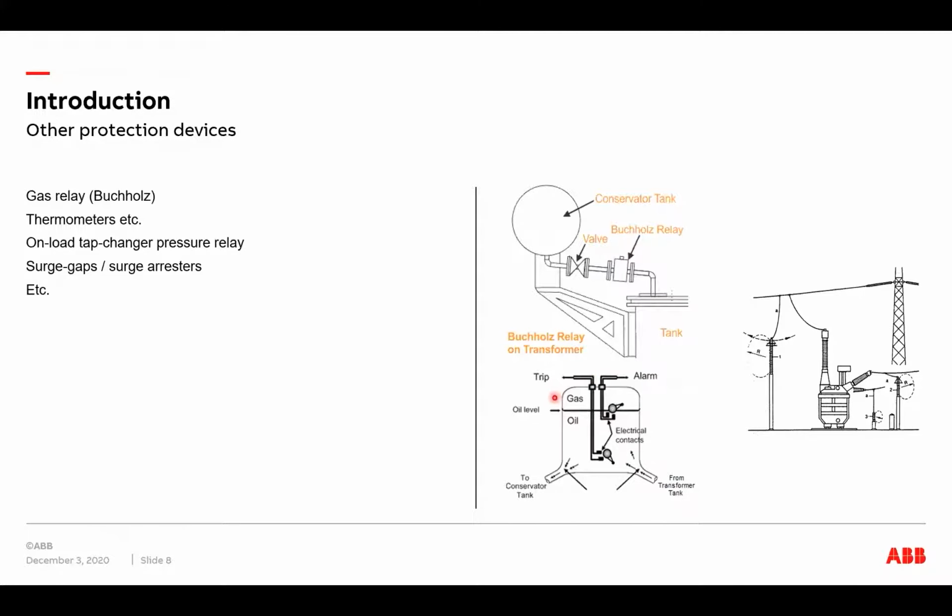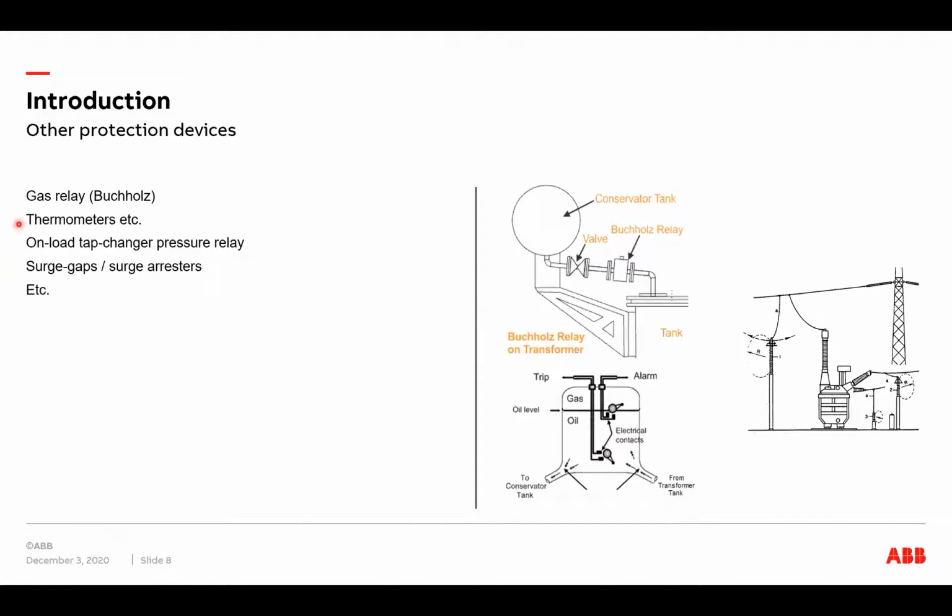So this gas can then be taken out from the Buchholz relay and analyzed, and based on what type of gases we have, we can say how big a risk there is that we will have a failure in the power transformer.